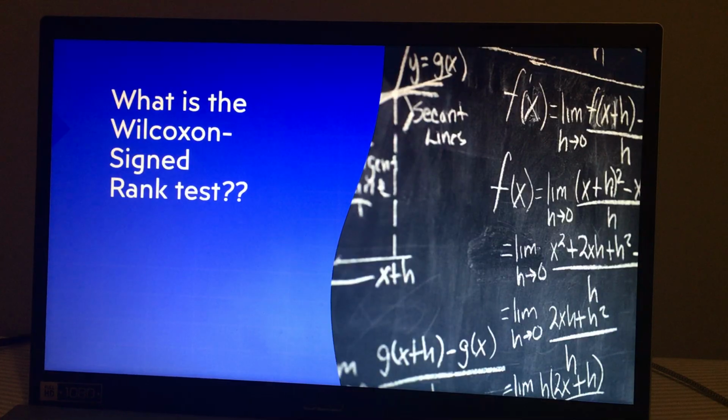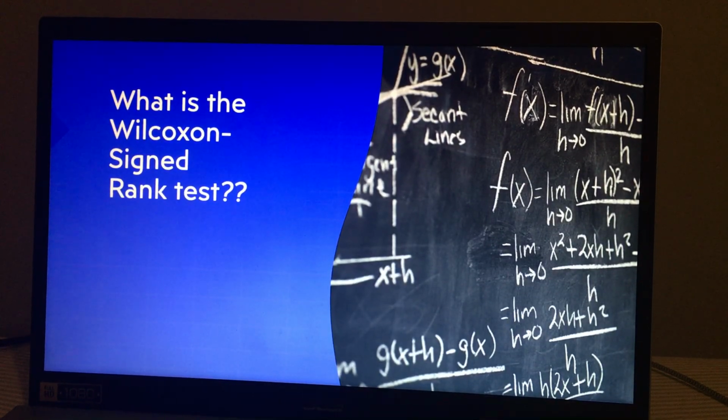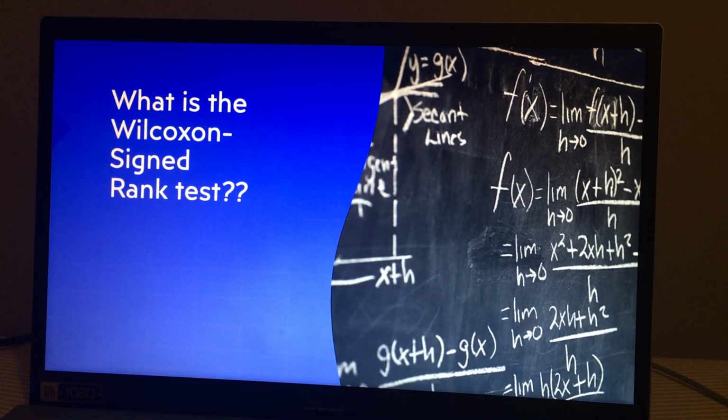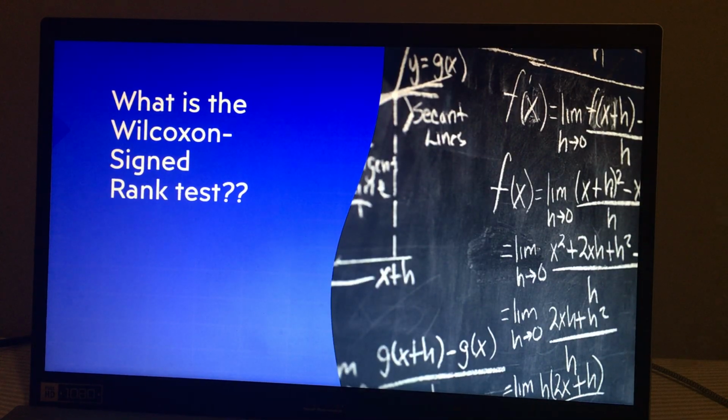While avoiding the normality assumption is nice, there is a drawback. The Wilcoxon test is usually less powerful than the t-test. There is typically a higher type 2 error rate.